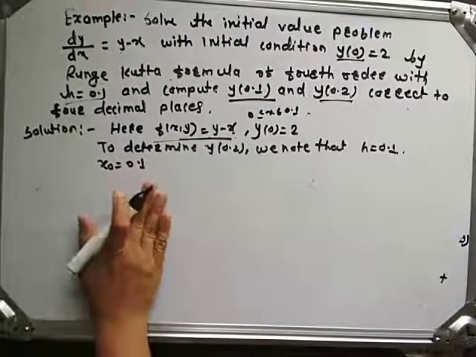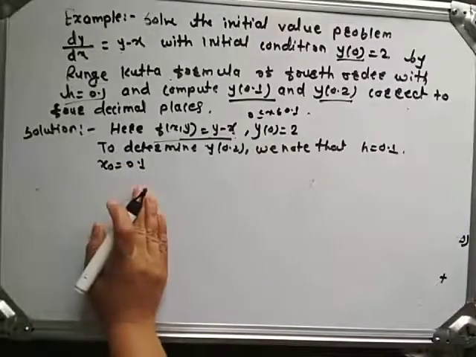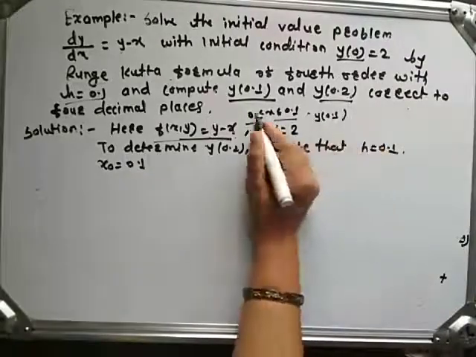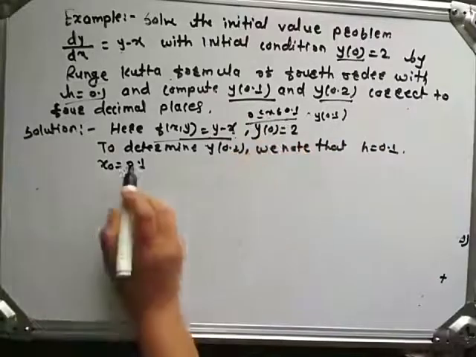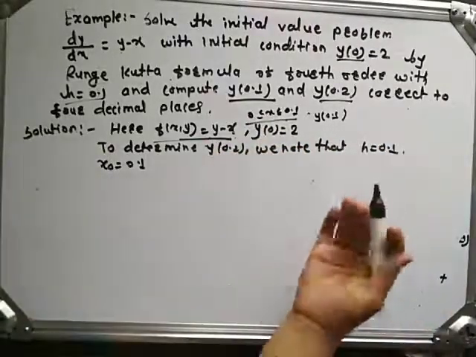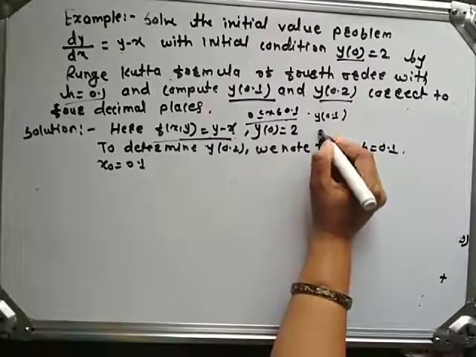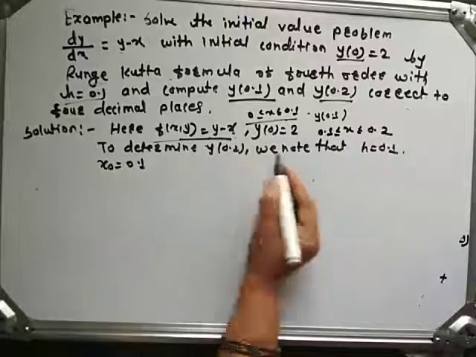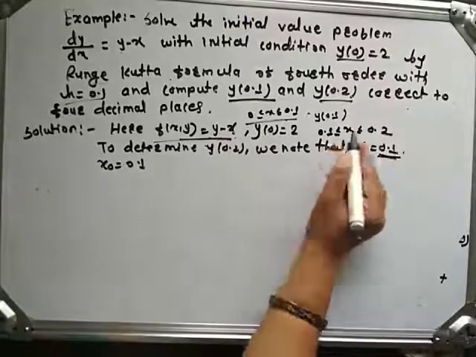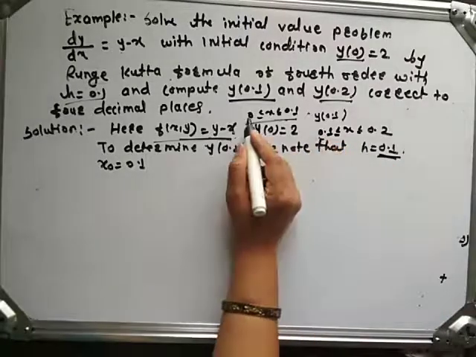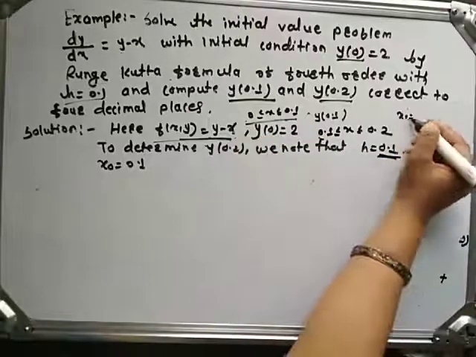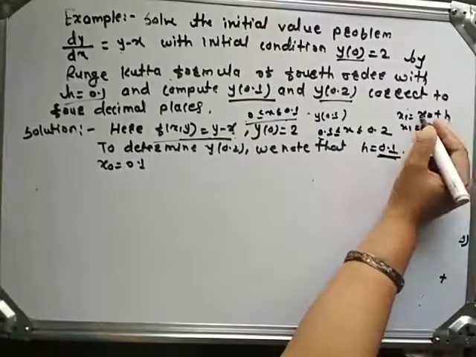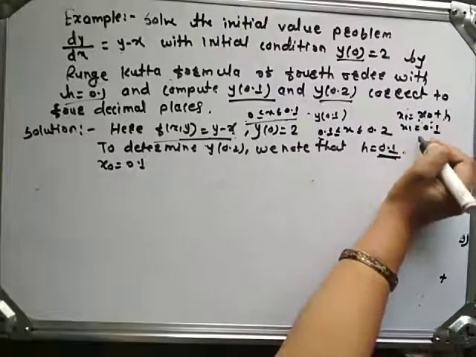Why 0.1? Students, understand this. To find y1, that is y of 0.1, your x lies between 0 and 0.1. Now you have to find y of 0.2, so our x lies between 0.1 and 0.2, because h is 0.1. x1 is x0 plus h, so x1 is 0.1 because x0 is 0, and 0 plus 0.1 is 0.1.